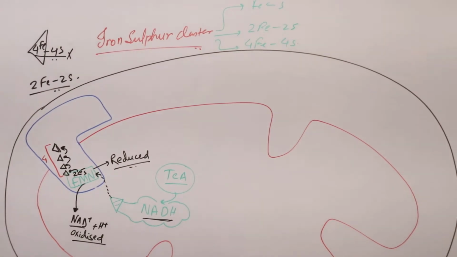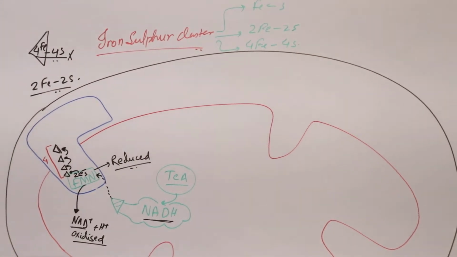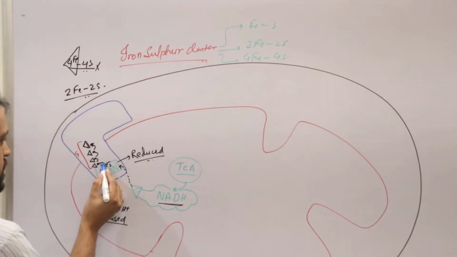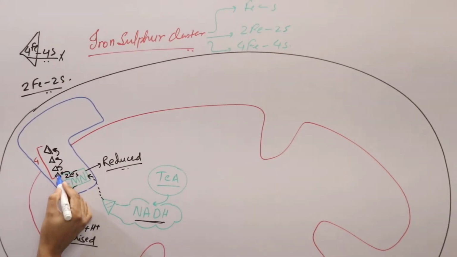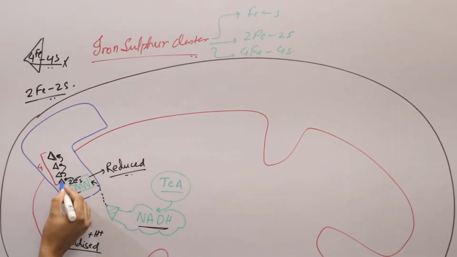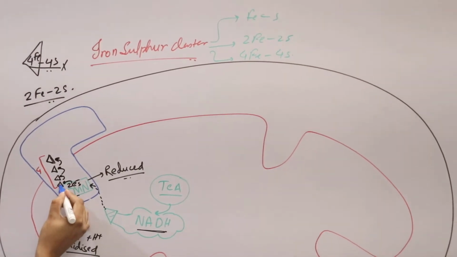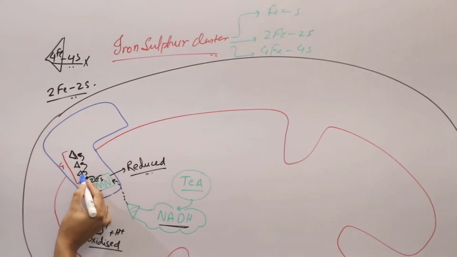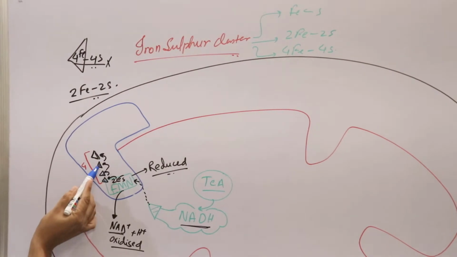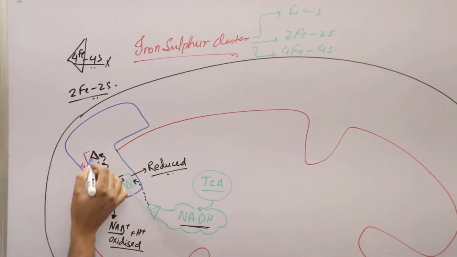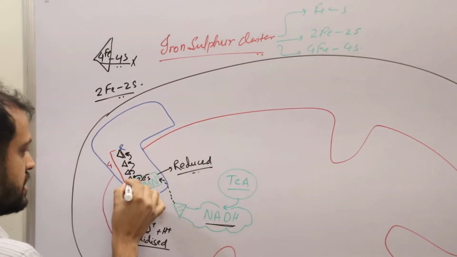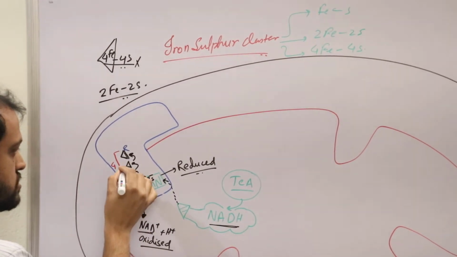Now listen, when this electron comes towards the first iron sulfur cluster, it is reduced. Now these electrons will be transferred to the second iron sulfur cluster, then to the third, then to the fourth. That means at the end this iron sulfur cluster will be reduced and the previous one oxidized.